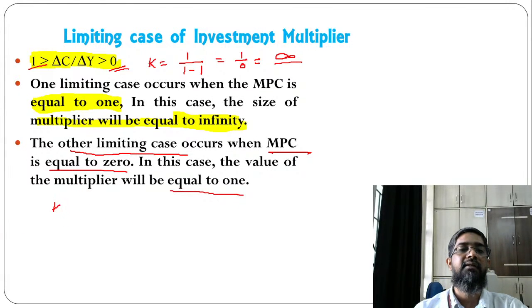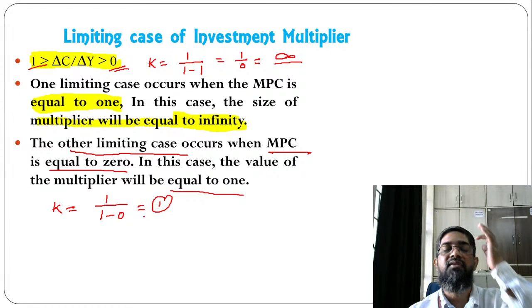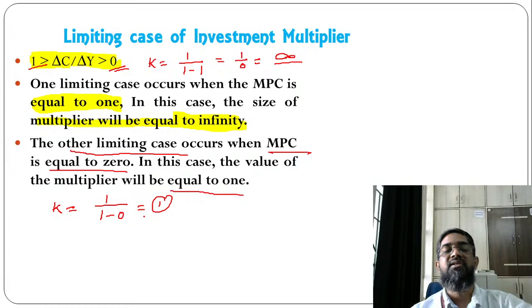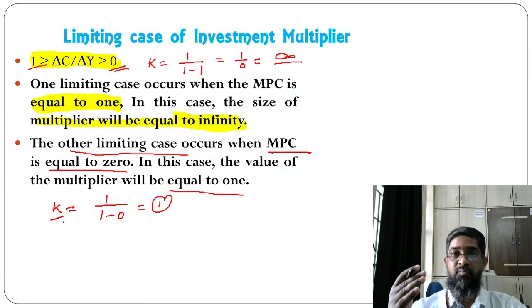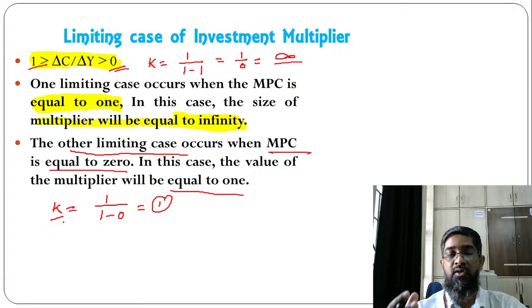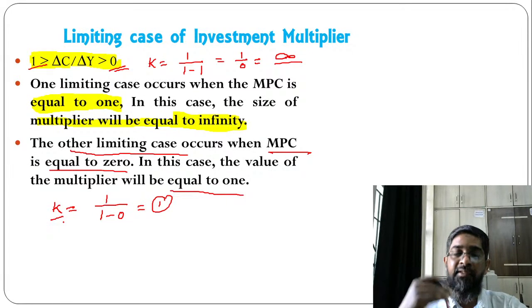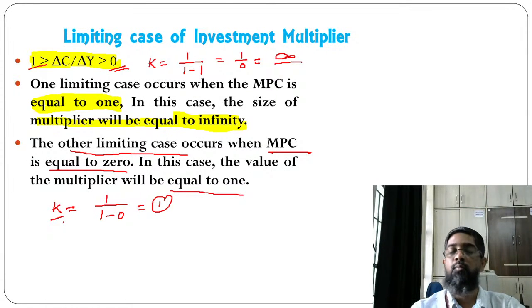Let us see again. k is equal to 1 upon 1 minus 0, so it will be equal to 1. Which means if the value of MPC is 0, the value of k will be 1, which means if investment increases by 100 crore, income will also increase by 100 crore only, not more.